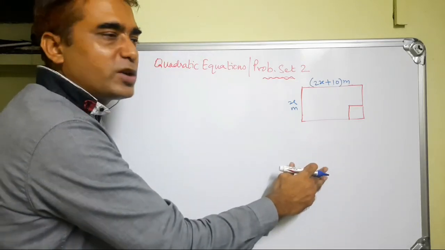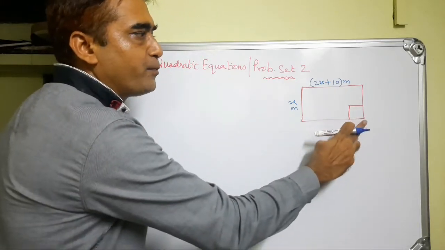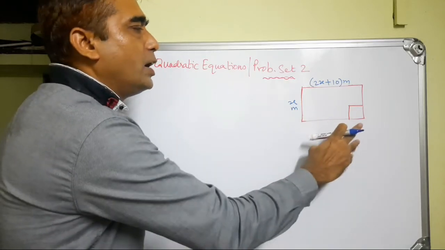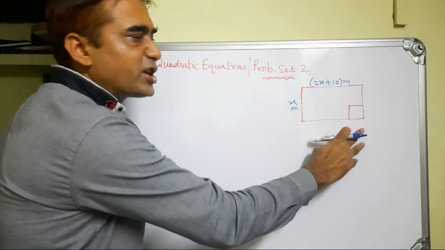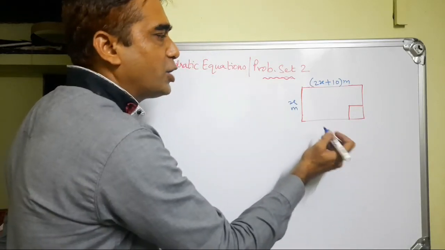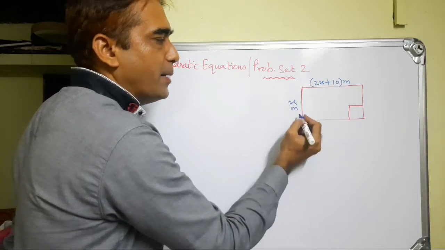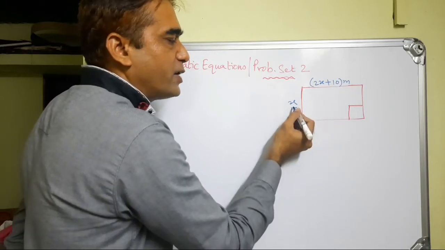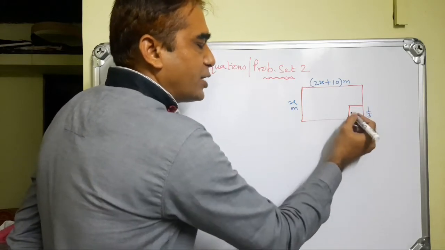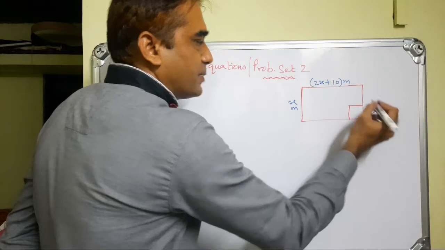Now what other information is given? The farmer has dug a square shaped pond in the field, and the side of the square shaped pond is 1/3 of the breadth of the farm. So if we have assumed that breadth is x, the side of the pond will be 1/3 x.